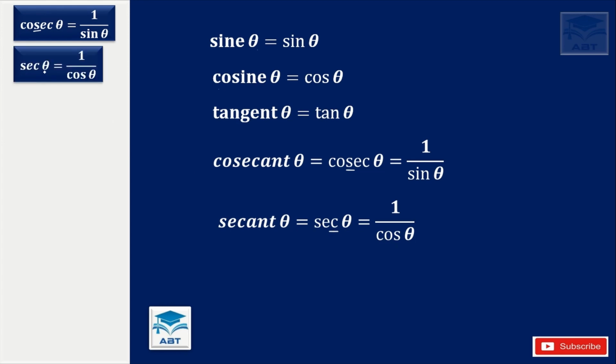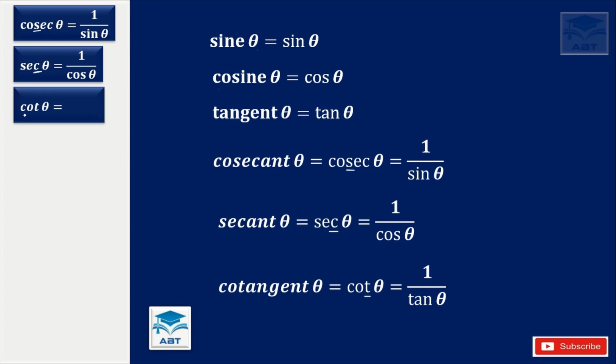So sec theta is equal to 1 divided by cos theta. And we also have cotangent theta, which can be written as cot theta and is equal to 1 divided by tan theta. So cot theta is equal to 1 divided by tan theta.